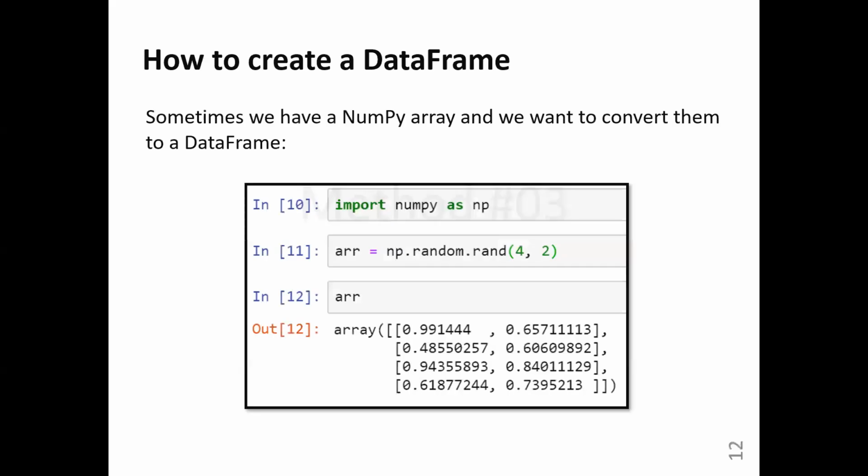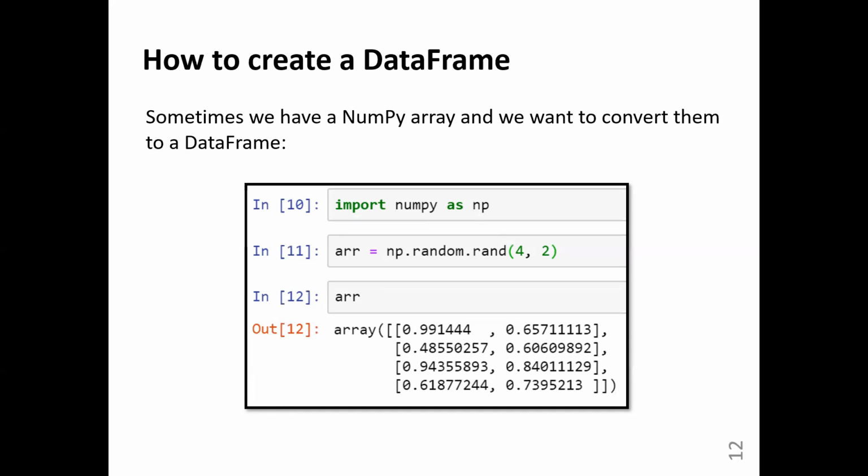Well, what about method 3? Imagine that you have an array. It could be generated randomly by NumPy. So let's say import numpy as np, and we generate an array that has 4 rows and 2 columns by saying numpy random rand, and save it into a variable named array. And now if you just say array, you're going to see random numbers.